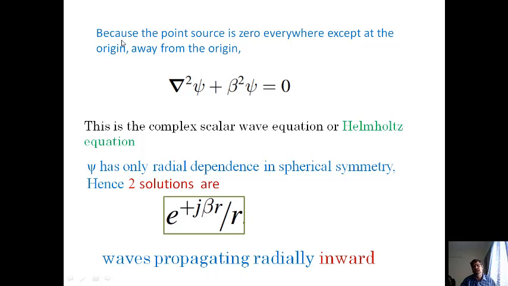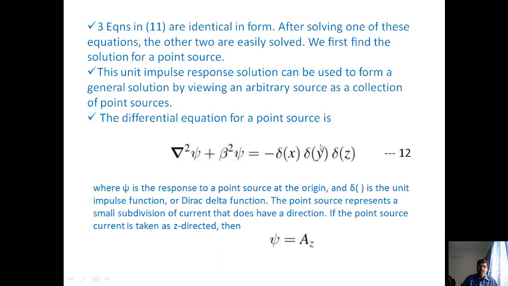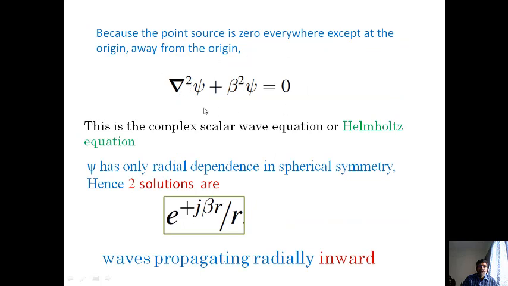Because the point source is 0 everywhere except at the origin, away from the origin there is no source. That means this right hand side is 0. It is a homogeneous sourceless second order equation, and this equation is called the Helmholtz equation or complex scalar wave equation, and this equation has two solutions, and we can compute the solution for this equation easily.